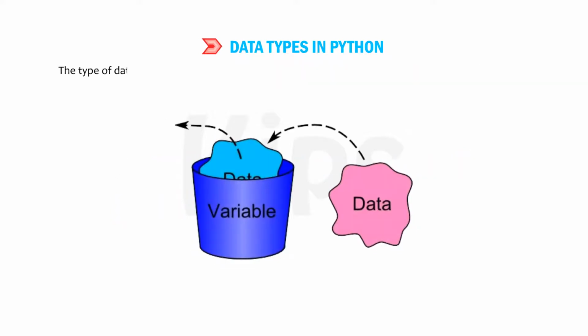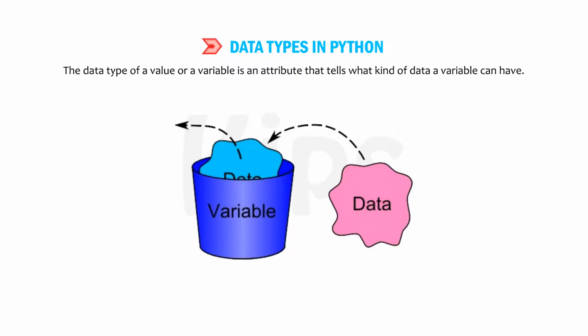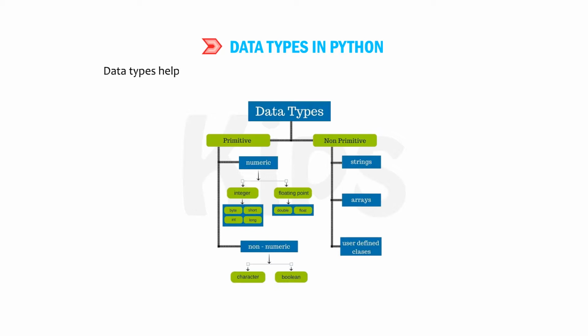The type of data value that can be stored in an identifier, such as a variable, is known as its data type. The data type of a value or a variable is an attribute that tells what kind of data a variable can have. Data types help in classifying different types of data values used in a program.